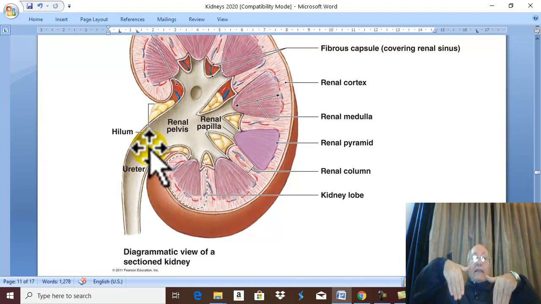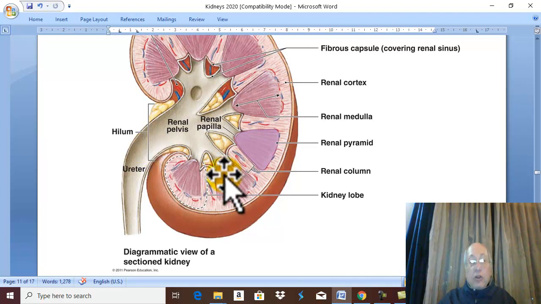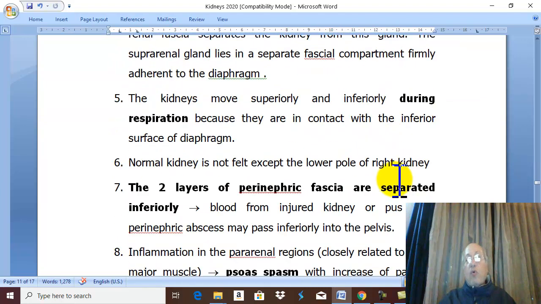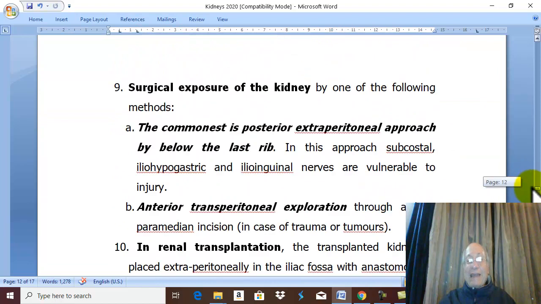Failure of ascent of the kidney leads to a kidney at a lower level, not at the level of T11, T12, L1, 2, 3 vertebrae. A kidney congenitally at a lower position with a short straight ureter is called an ectopic kidney.